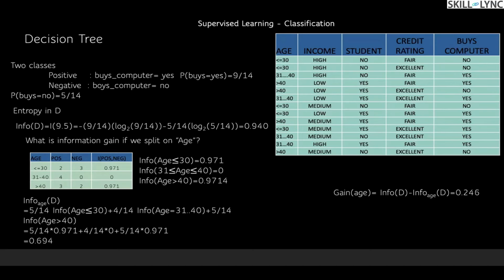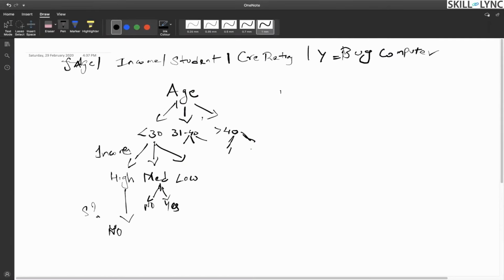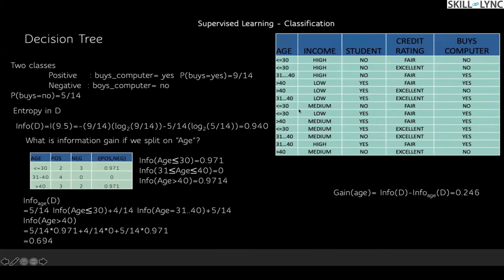That means income is low, age is less than or equal to 30, a person is student, so it has only yes, right? So far so good. So we have completed for less than or equal to 30 for income and student, right?